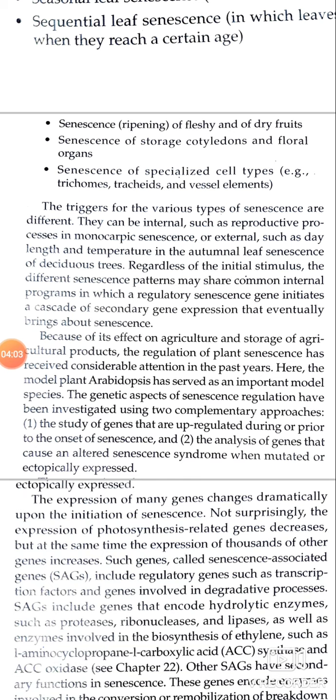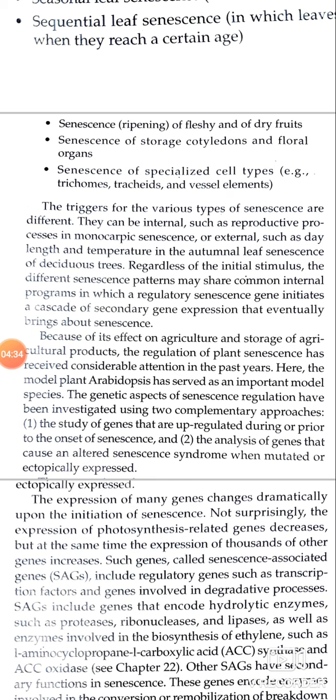Because of its effect on agriculture and storage of agricultural products, the regulation of plant senescence has received considerable attention in the past years. Here, the model plant Arabidopsis has served as an important model species. The genetic aspects of senescence regulation have been investigated using two complementary approaches.